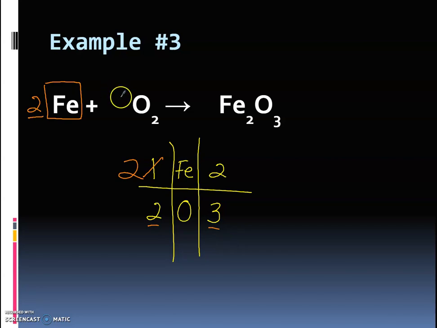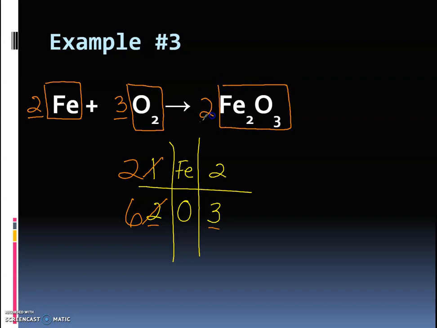So sometimes, in order to balance, I have to do 2 things. I'm going to have 3 O2s to give me 6 oxygens on the left. And then I'm going to need to put a 2 out in front here and a 6 in front of this oxygen. But don't forget, it's going to change your irons also.